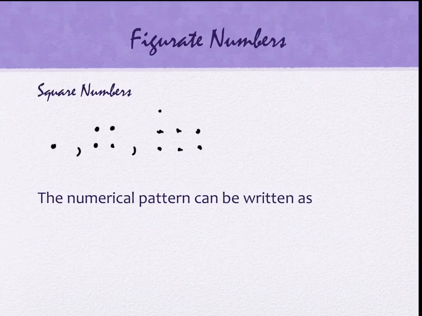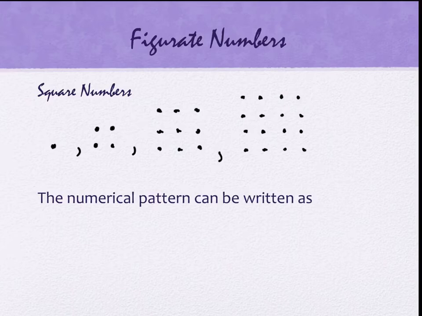And then I have a little bit bigger square. And I'll do one more. So these are called square numbers because you can see the shape is square visually, right?